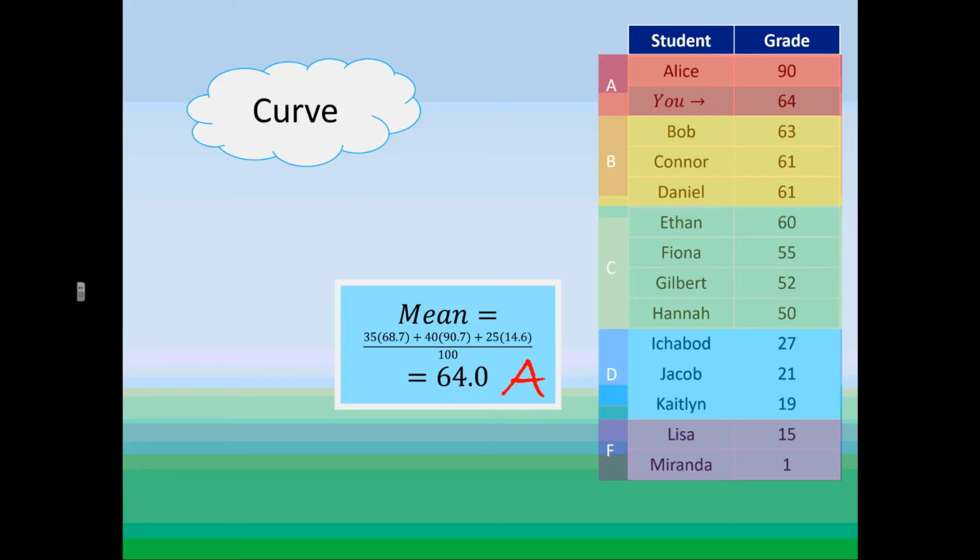So, if you somehow sabotage Bob through Miranda by stealing the only textbook from the library, you know that you are going to beat them, so you're going to get the A. You don't actually need to study. You just need to crash everyone else. That's what a true curve is.